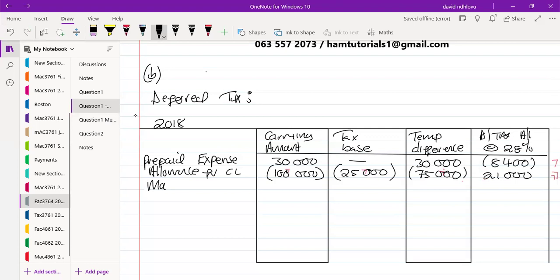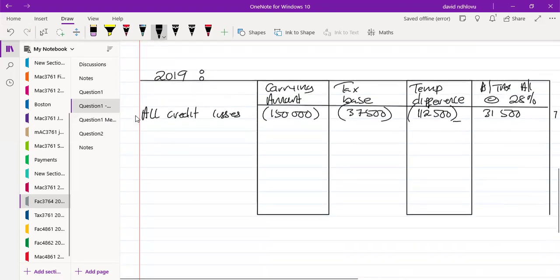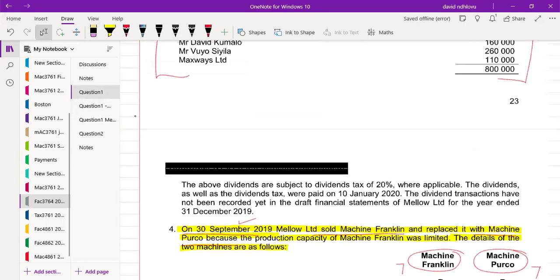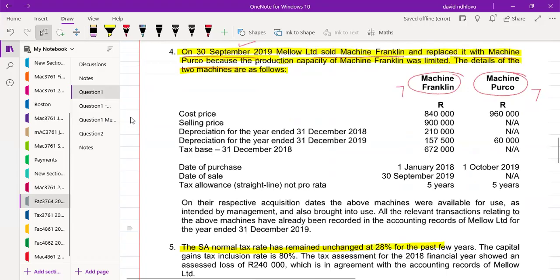Remember, we are busy looking for assets and liabilities. So these machineries represent assets. We need to check, in terms of machine Franklin, which is applicable to 2018, what was its carrying amount? What was its tax base?